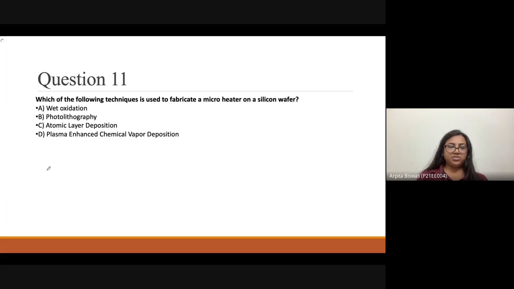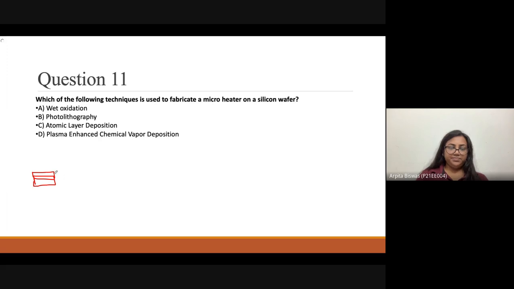If you go through the lecture, you have seen that there is a silicon wafer, then silicon dioxide is present, and after that they have deposited the nickel. For the micro heater they have deposited the nickel, and on the nickel they have done the photolithography process.